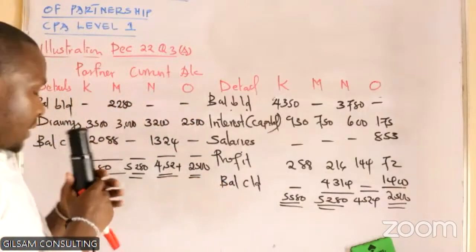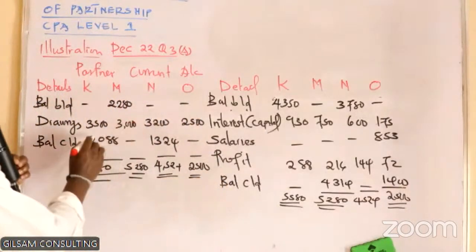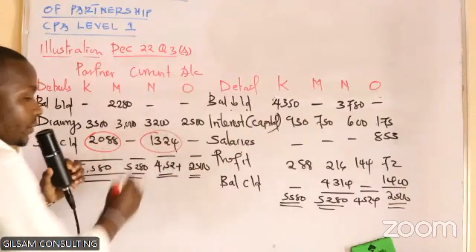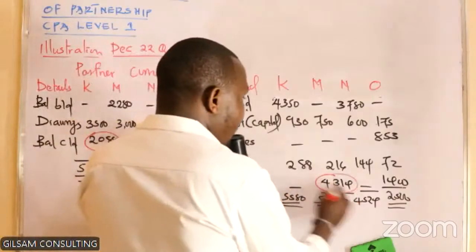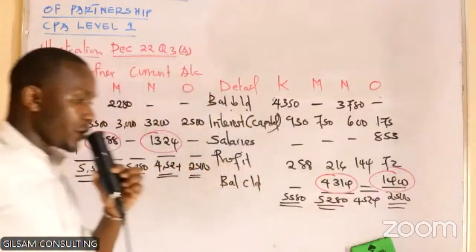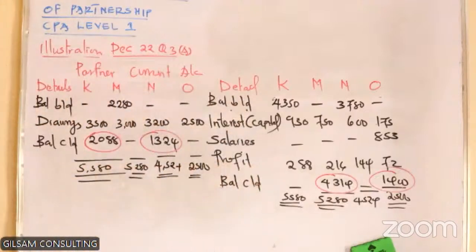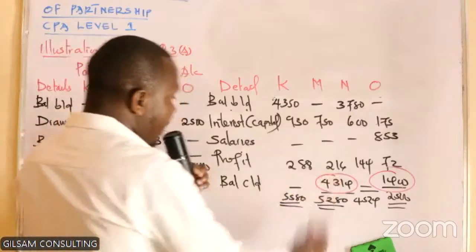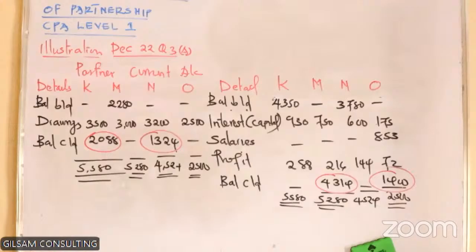So this value, this value, and this value are the ones which you will take to the partners' current account under the equity and liabilities. So let's open the partners' fixed capital account. Then from there, we open the balance sheet and then we end our class.